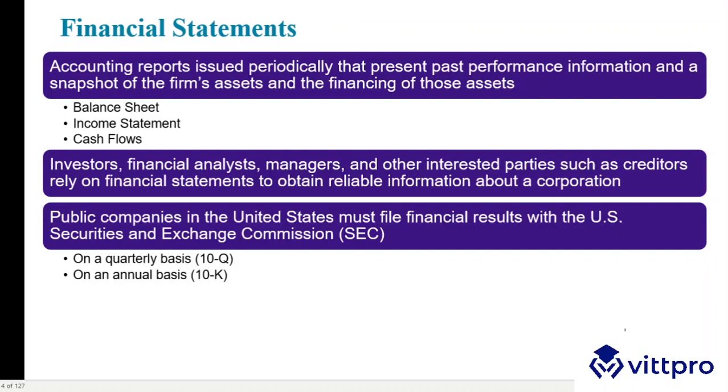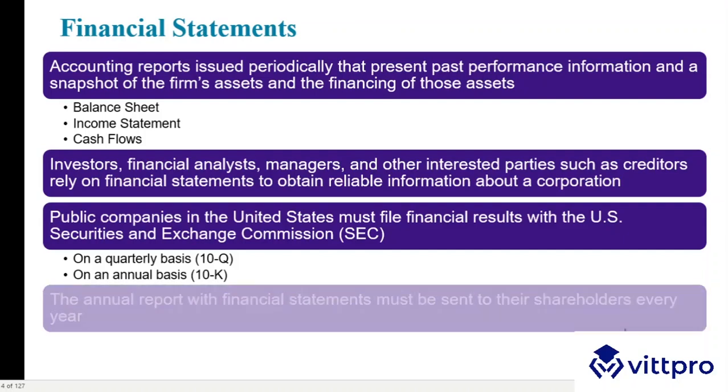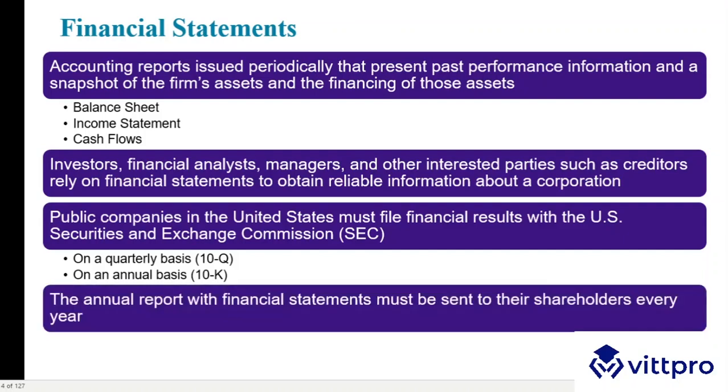The 10-Q is just a summarized form of the 10-K, but it is quarterly, not for a whole year. The 10-K is for the whole year. The annual report has to be sent to shareholders every year. Nowadays, some companies are discontinuing sending the annual financial reports in paper format. They are sending them only in digital formats, no more paper formats.